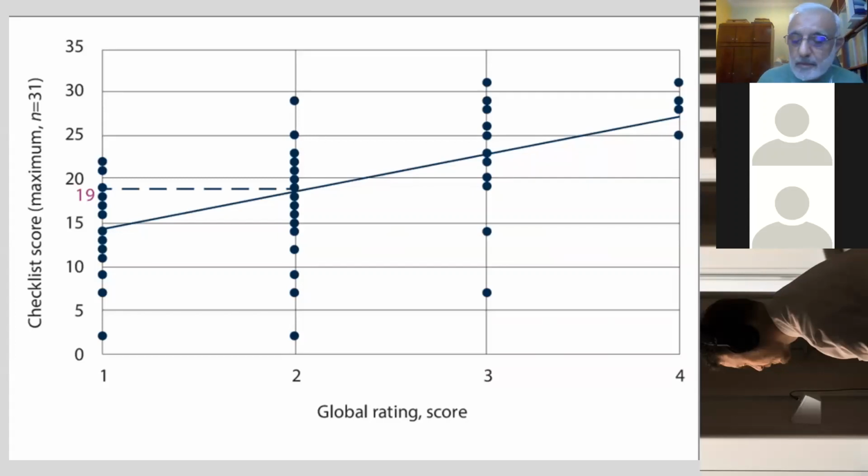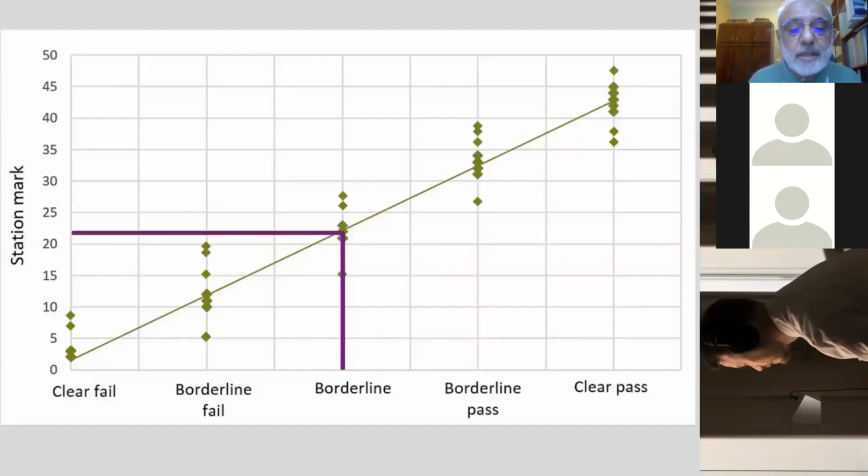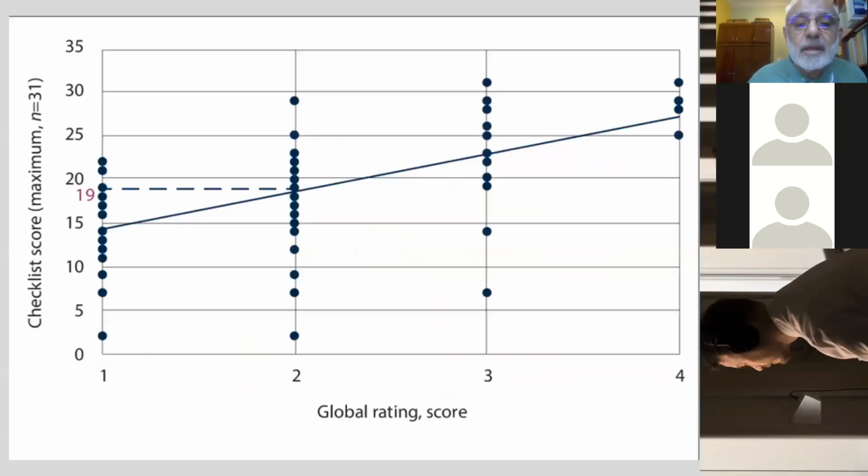So here, for example, we say borderline, but our marks are above the passing level, right? Here we say borderline pass, but our scores are really, really high. So there are two different things, the scores and the global rating. And by this method, we can combine the two and come up with a reasonable passing score.